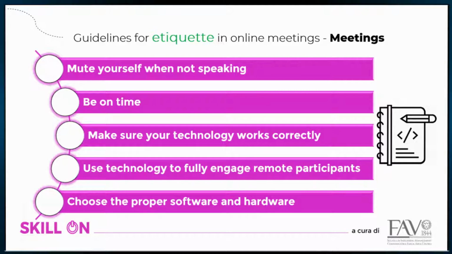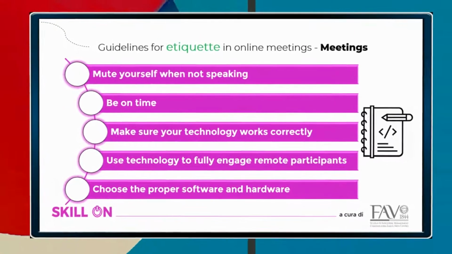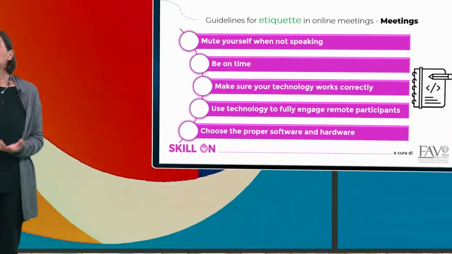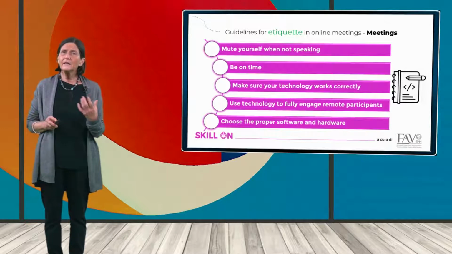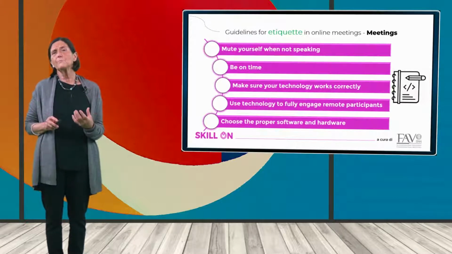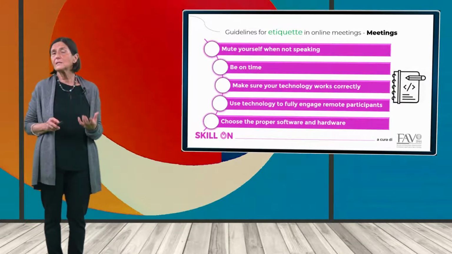Point number 4, use technology to fully engage remote participants. I mentioned that point before. So using the chat, using the raised hands, you can bring in and engage with and involve people who maybe you can't see their face.